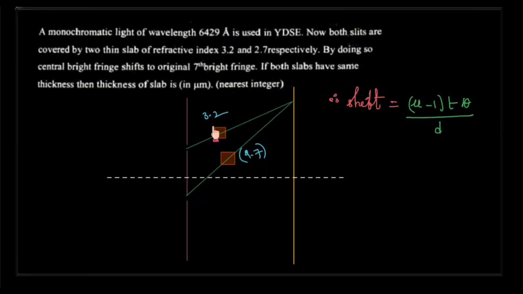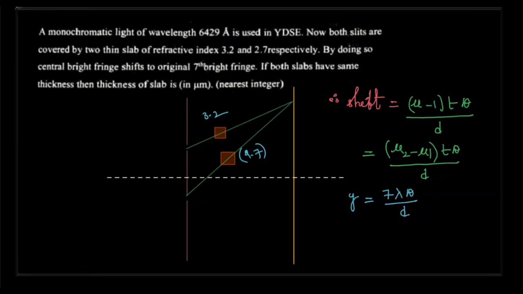It is only a single slab there, but if I place double slabs, you could say this can be written as (mu 2 minus mu 1) into t, capital D by small d, right? That is the shift formula. Now the shift is equal to the seventh bright fringe. For the seventh bright fringe, y is equal to 7 lambda capital D by small d.